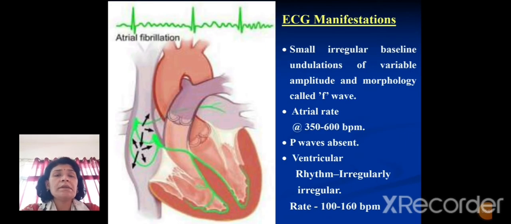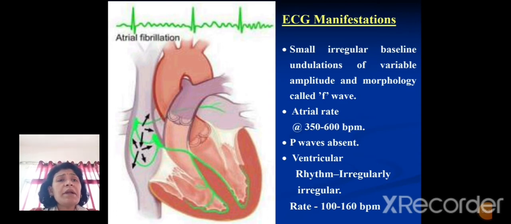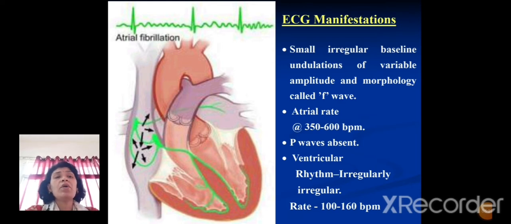This is the ECG. Here we can see the fibrillatory waves. We don't have any specific P wave. These fibrillatory waves are small irregular baseline undulations, and the amplitude and morphology can vary. They are not called P waves but F waves.